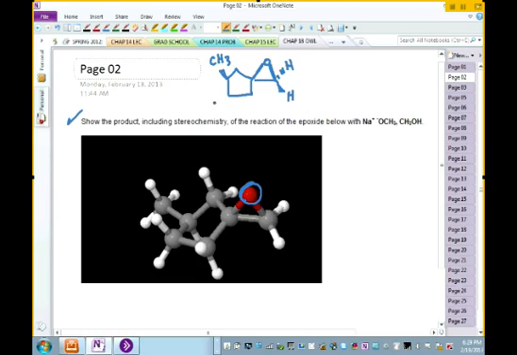Now the question is, show the product including stereochemistry of the reaction of the epoxide with sodium methoxide in the presence of methanol as a solvent. So this is what they wanted to do.